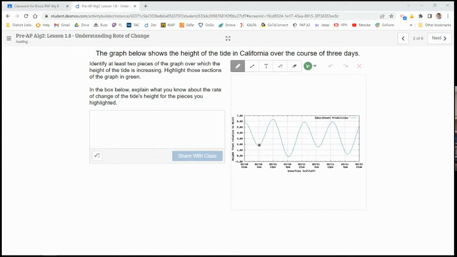So I'm going to do one of them myself here. Okay, right there. So that one's going up. There's a low point right there, and it's going up. There's two. You gotta have at least two. In the box, explain what you know about the rate of change of the tide's height for the pieces you highlighted.